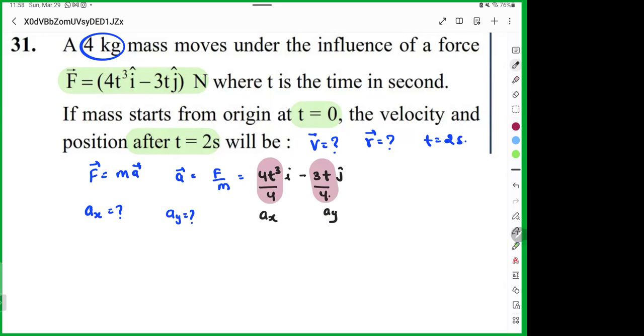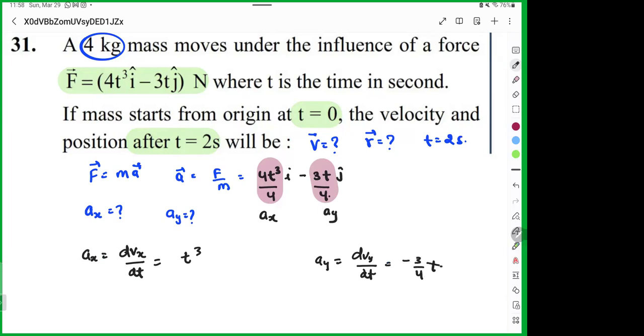By using the ax and ay values, you can calculate velocity, because you know ax is equal to dvx by dt, which is equal to t cube. Correct? ay is equal to dvy by dt, which is equal to minus 3 by 4 t.